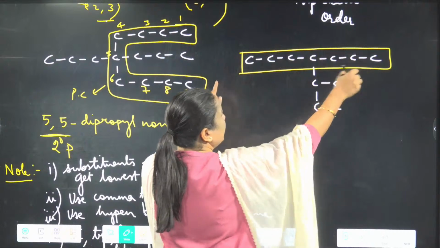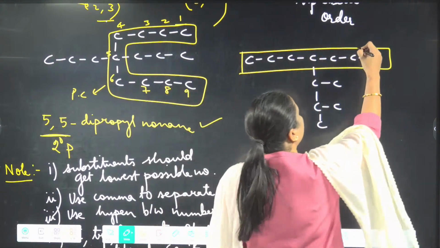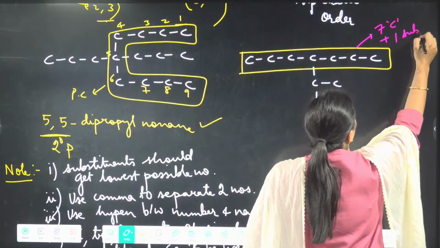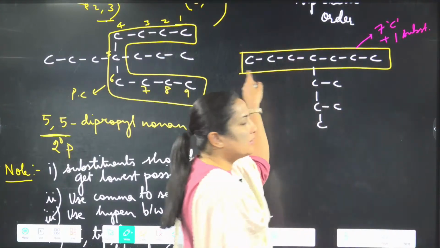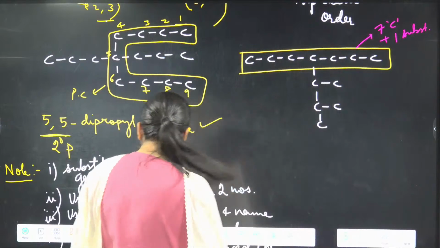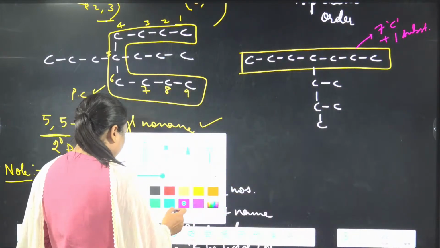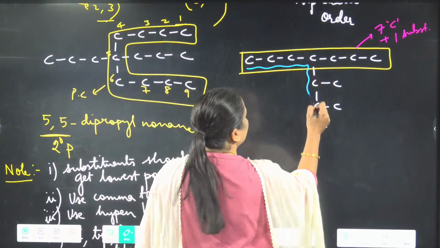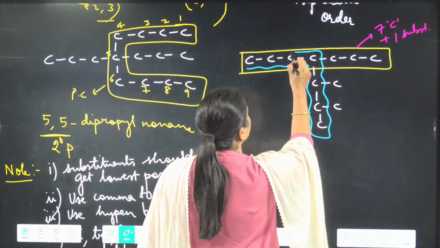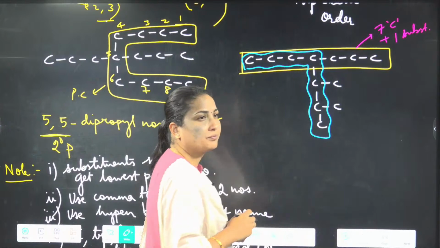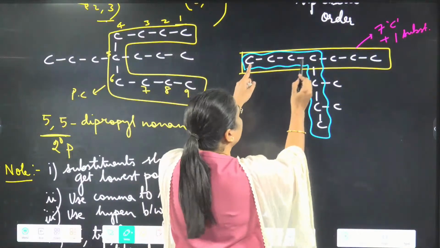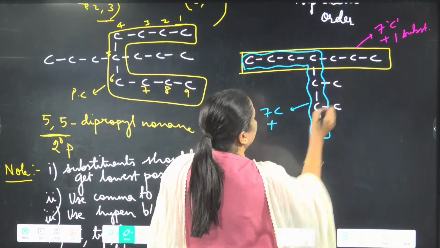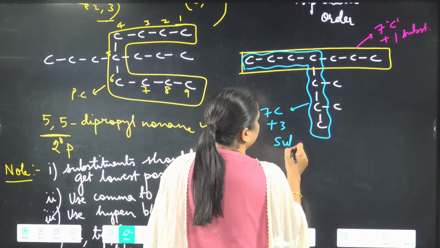Now when I choose with the yellow one, what you are having is 7 carbons, but one substituent. Now let me use something else. But if I go like this, you're able to see this chain? The blue one. It is having 1, 2, 3, 4, 5, 6, 7. 7 carbon, but how many substituents? There are 3 substituents.